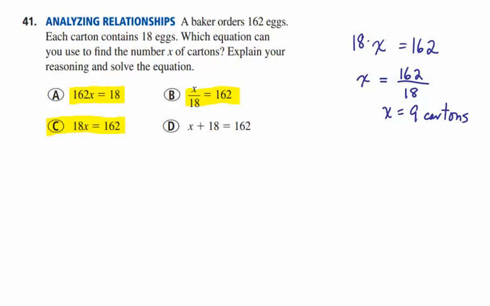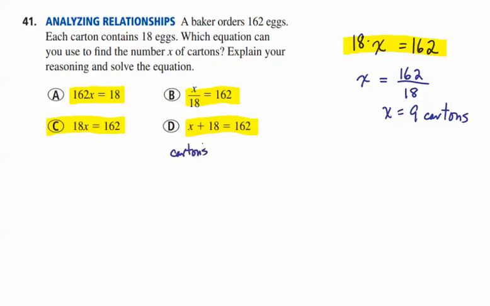C looks exactly like what we had in our first attempt to write an equation. 18 eggs in each carton, times the number of cartons, is going to equal 162. In D, the problem would be that we're adding the number of cartons and the number of eggs per carton. So our units of measure could help us here.